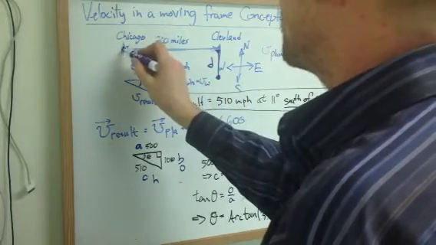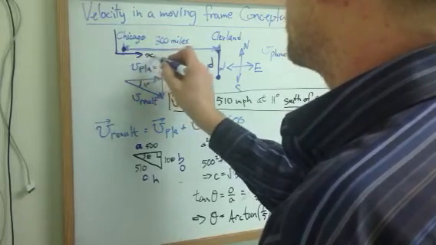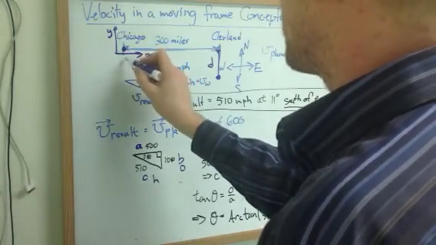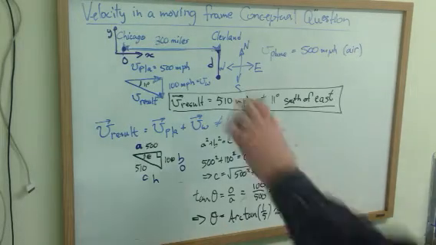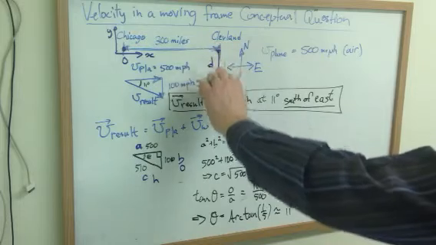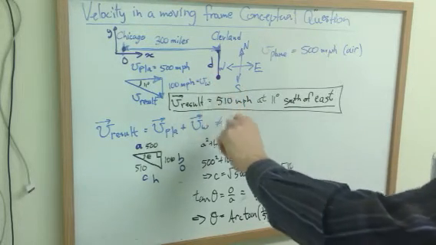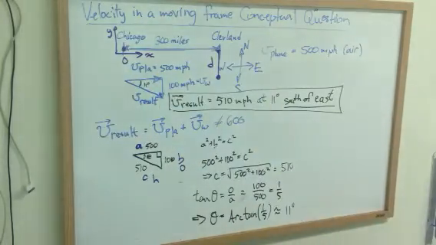So if we set up our coordinate system here and call this X, this Y, and let's call Chicago 0. This distance is covered by the downward velocity of the airplane due to the wind blowing in some time t.